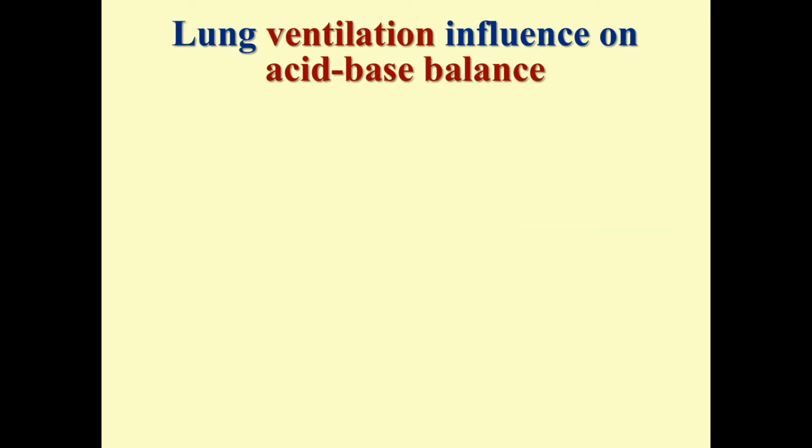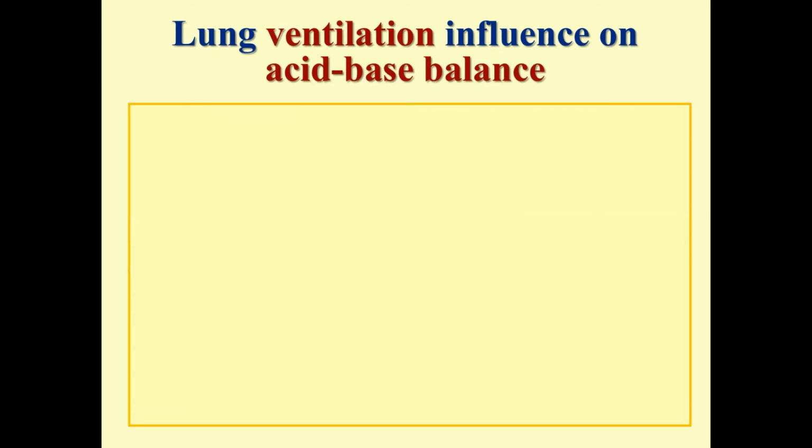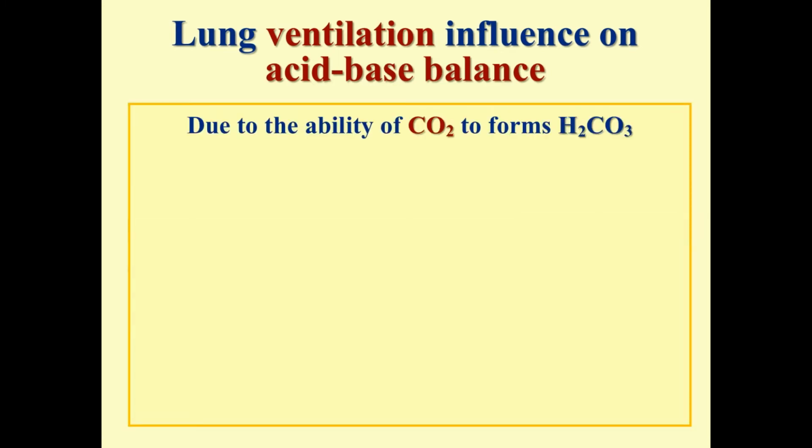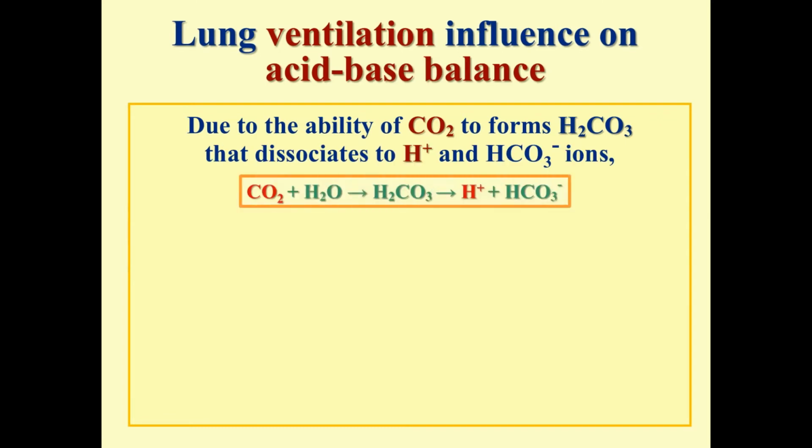Then, due to lung ventilation influence on the CO2 level, you can deduce that there is also an influence on acid-base balance, because CO2 easily forms carbonic acid, which dissociates with formation of H+ ions. Look, according to this equation, CO2 can produce with water carbonic acid, which dissociates to H+ and HCO3-.